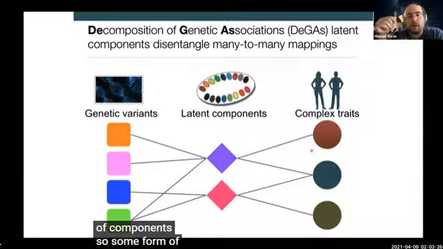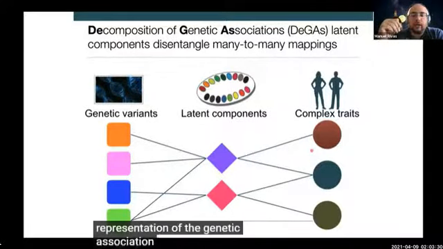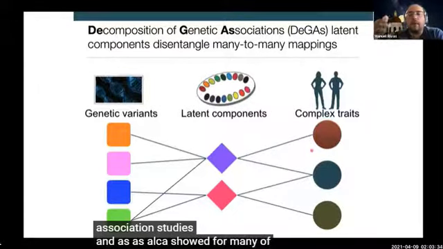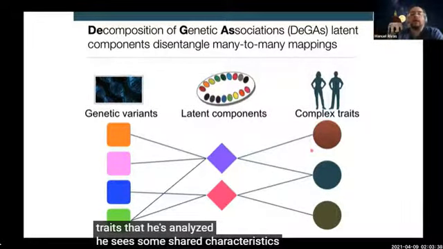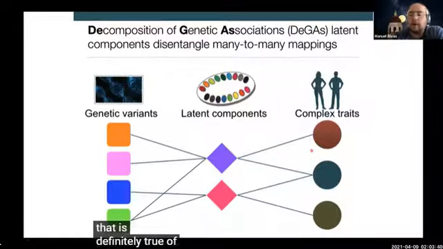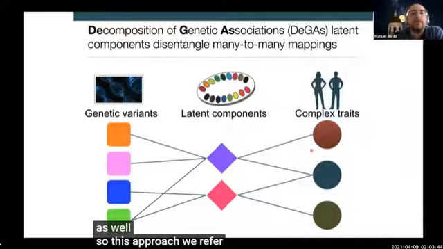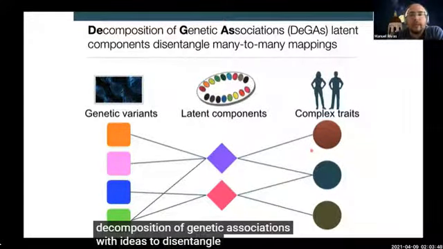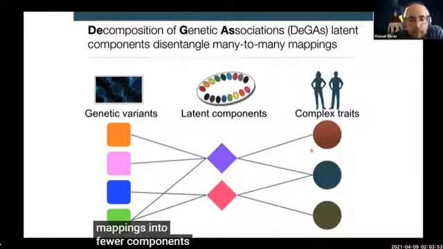So some form of lower-rank dimensional representation of the genetic association studies. As Alkis showed, for many of the traits he's analyzed, he sees some shared characteristics, and that is definitely true of the UK Biobank data as well. This approach we refer to as decomposition of genetic associations, where the idea is to disentangle many-to-many mappings into fewer components.